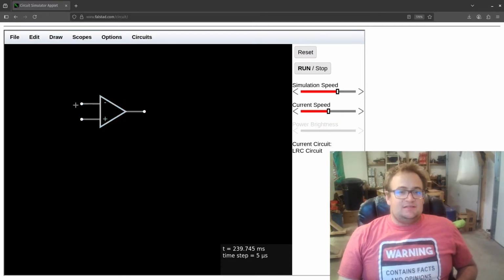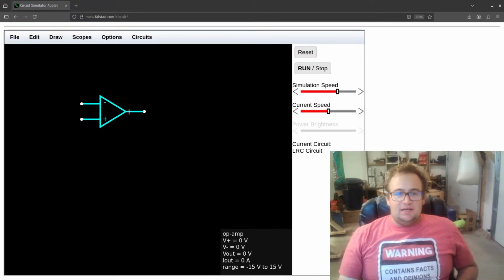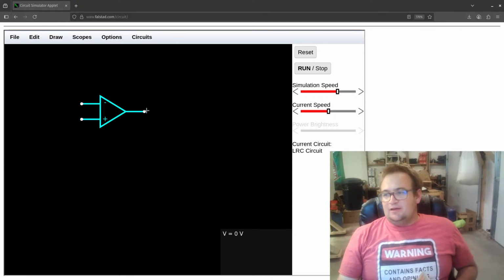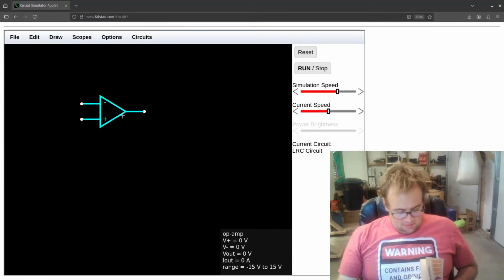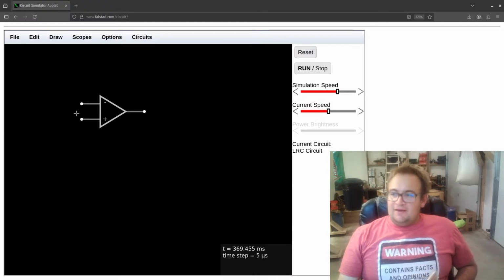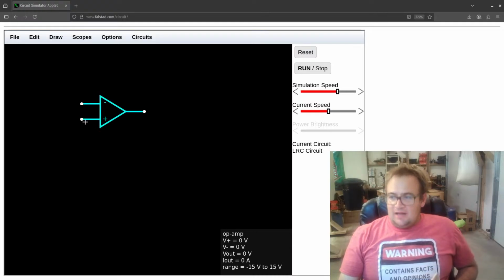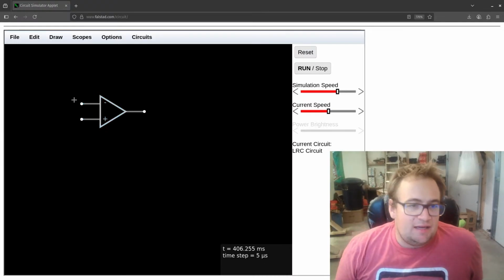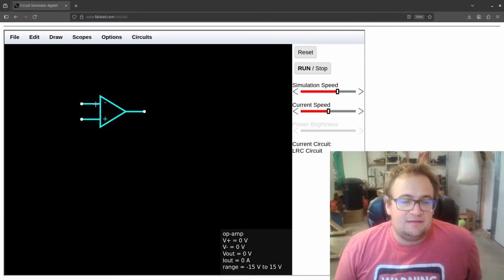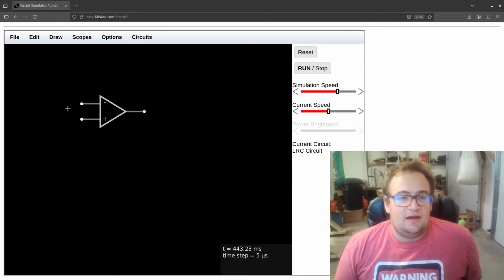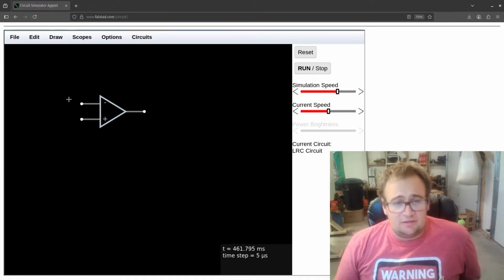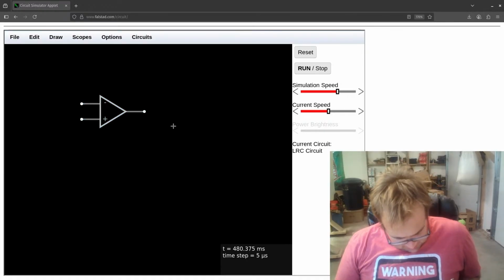So that means that the difference in these 2 points can be amplified to infinity on the output. The input resistance is infinite. That effectively means that when we are analyzing the circuit, no current flows in to the inputs. So 0 current in the inputs, and output resistance is 0.